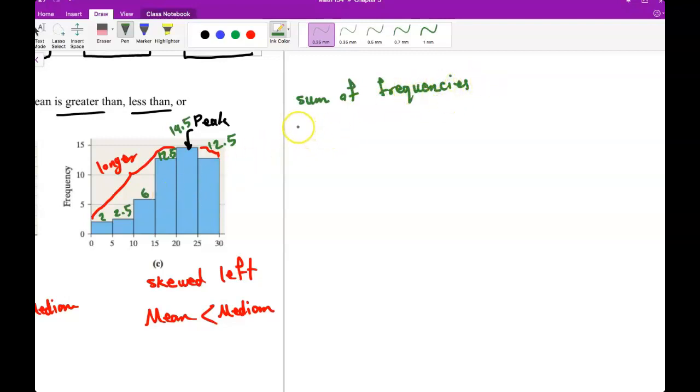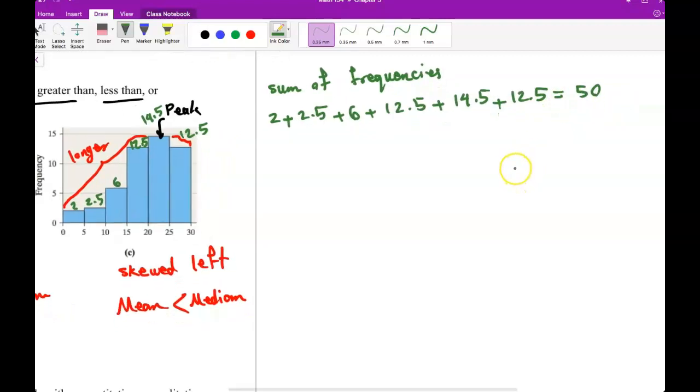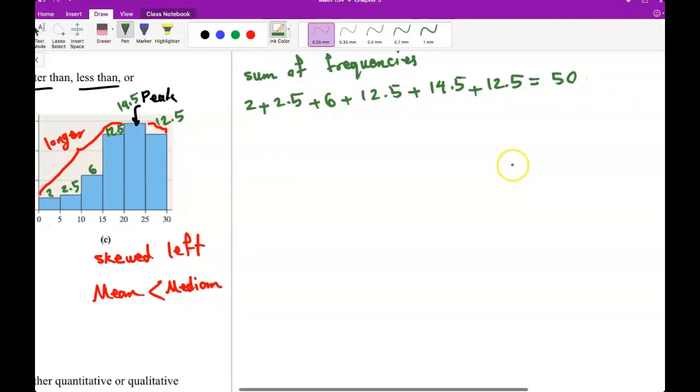So adding all these numbers, we have 2 plus 2.5 and so on. This is equal to 50. And what is that one? This is the number of observations.